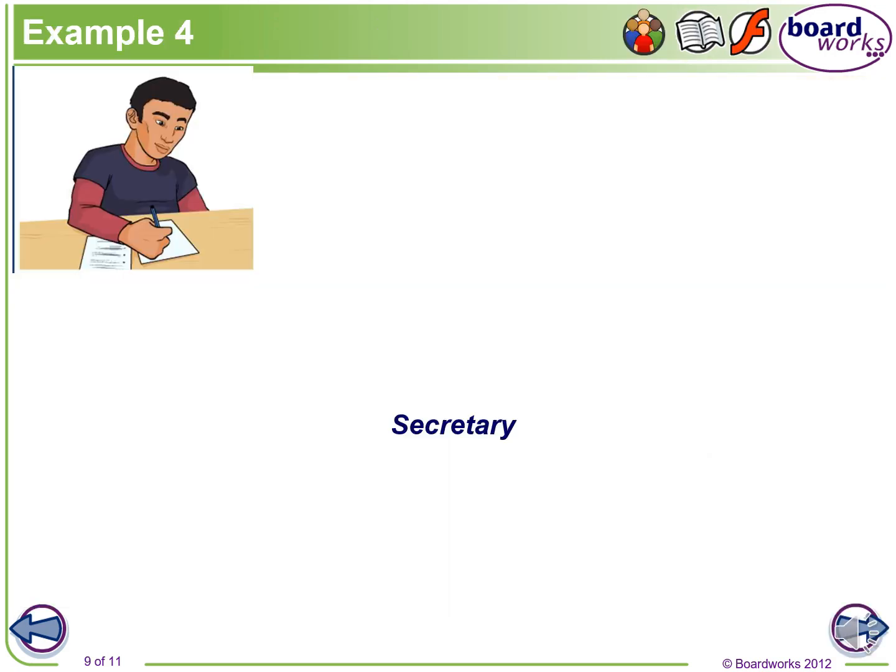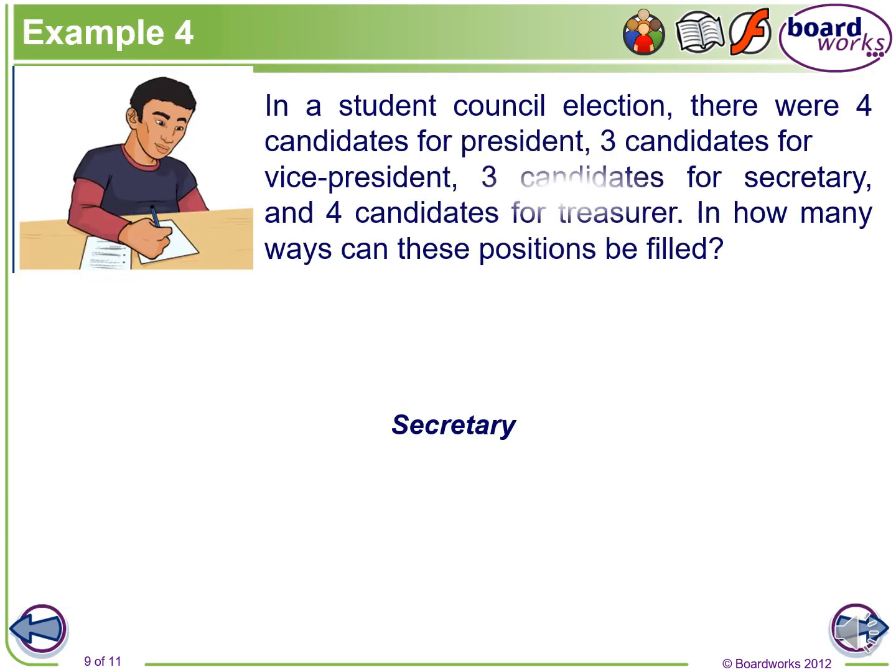See, for instance, number 4. In a student council election, there were 4 candidates for president, 3 candidates for vice president, 3 candidates for secretary, and 4 candidates for treasurer. In how many ways can these positions be filled? The president has 4 candidates, so there will be 4 choices that we can choose from.